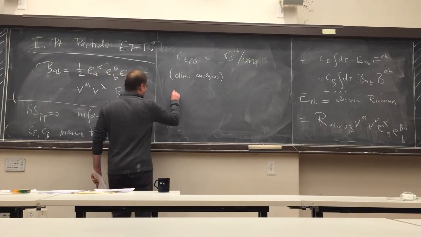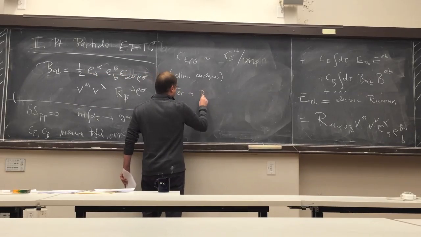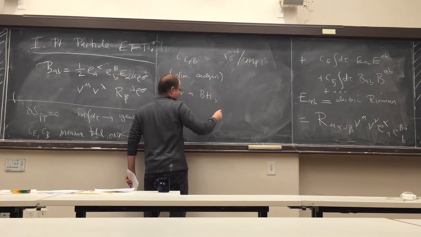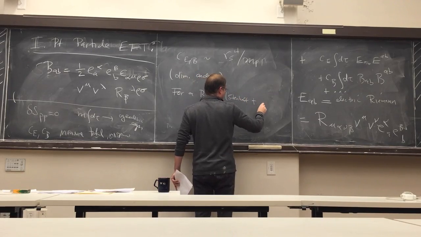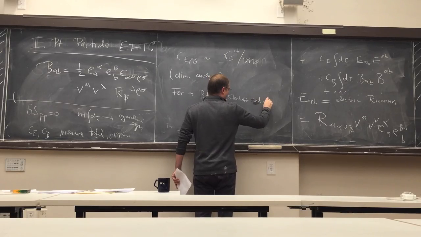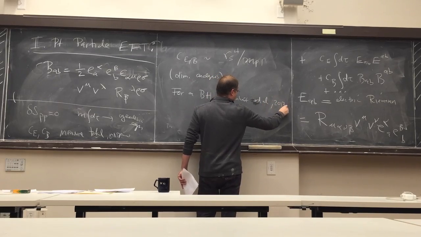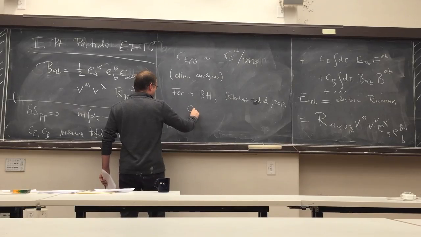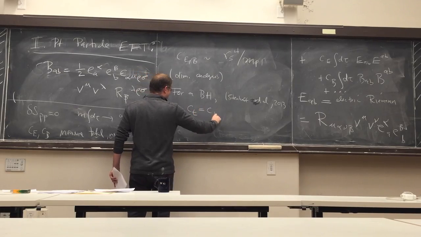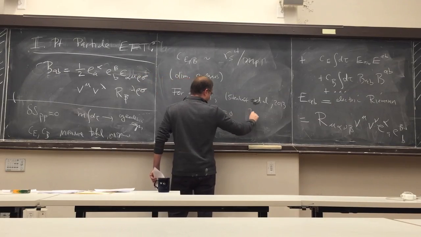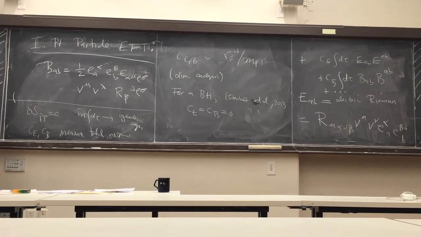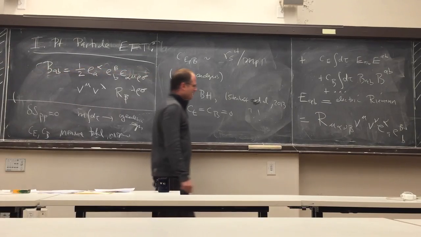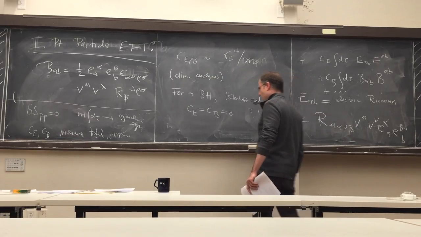It turns out that for a black hole, it was found recently in a paper by Steinhoff and collaborators from, I think, 2013, that these coefficients are actually 0, which is quite puzzling to me because it seems to indicate that a black hole has no tidal response, at least to static electric fields.